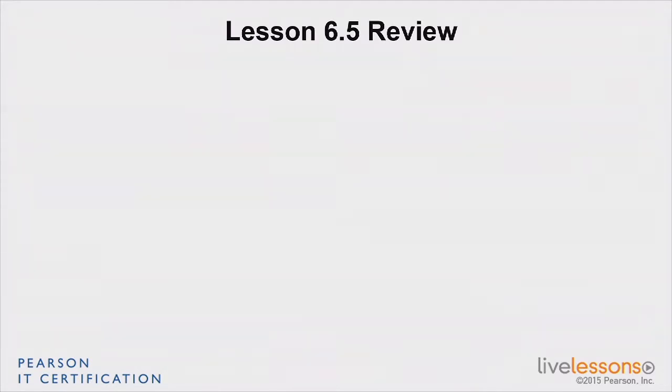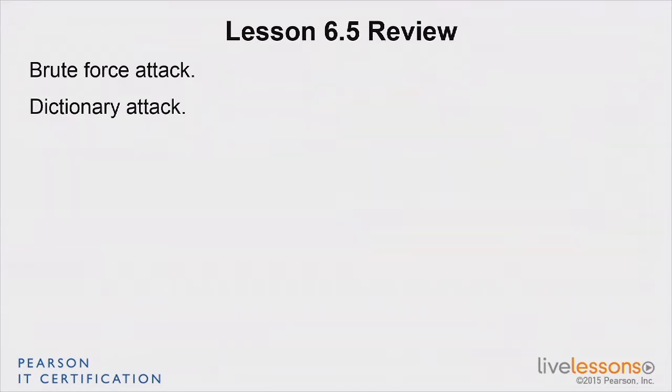So let's review what we've talked about in lesson 6.5. We talked about a brute force attack, which is trying every possible combination. We said that a brute force attack, given unlimited time and resources, will eventually be successful. A dictionary attack, which is using known words, phrases, and terms, hashing those and comparing them against captured password hashes.